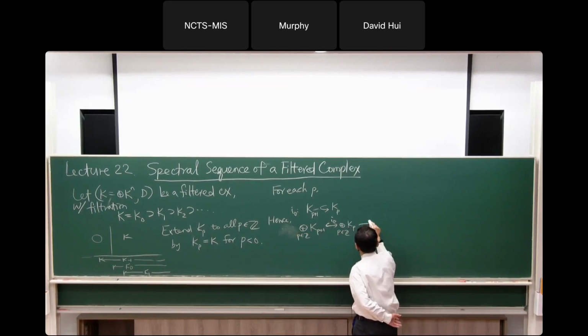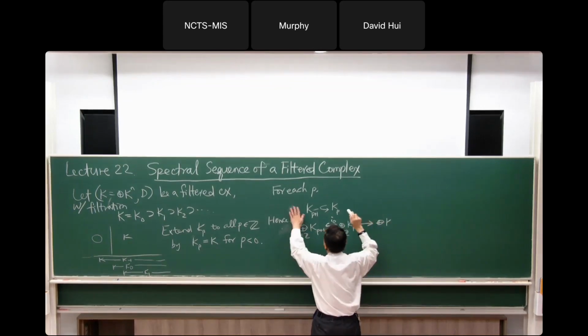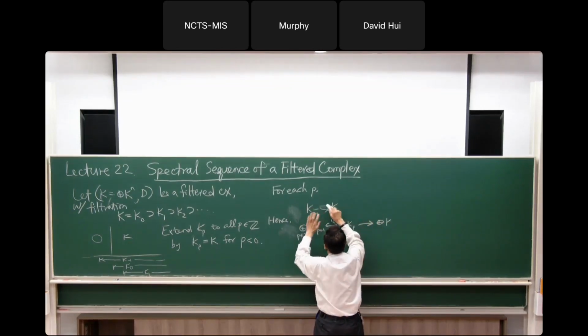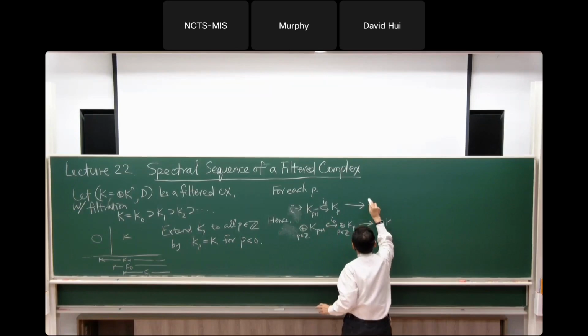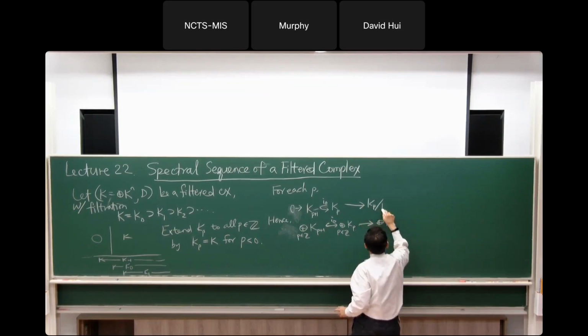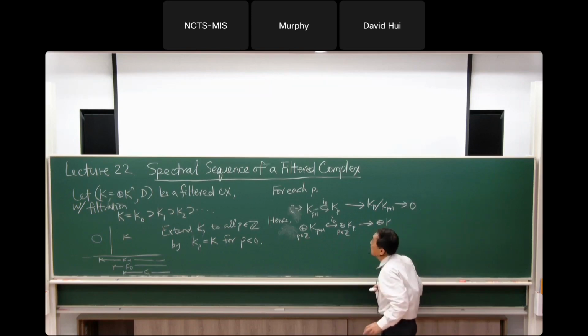So you can take the quotient. Already you have an inclusion map, and so you can take the quotient Kp over K_{p+1}.